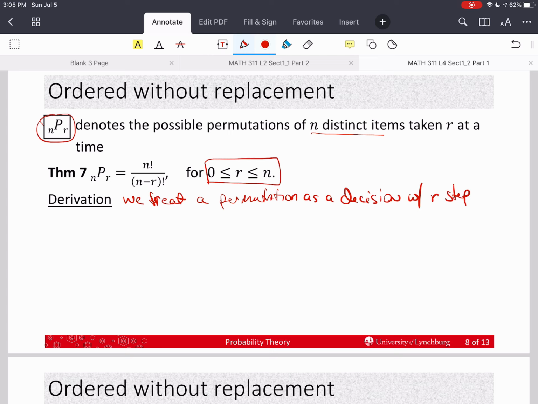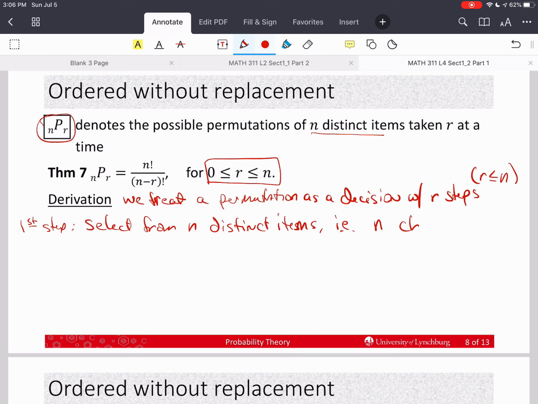All right, R steps. And R is less than or equal to N. Okay? So first step: select from N distinct items, i.e., we have N choices.